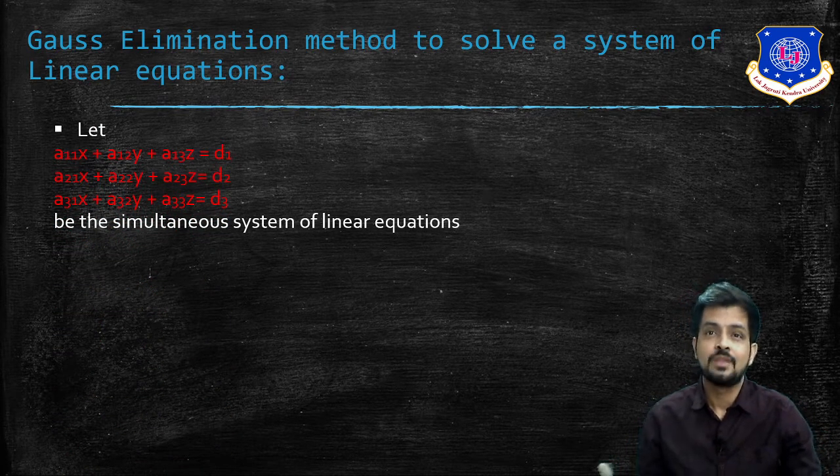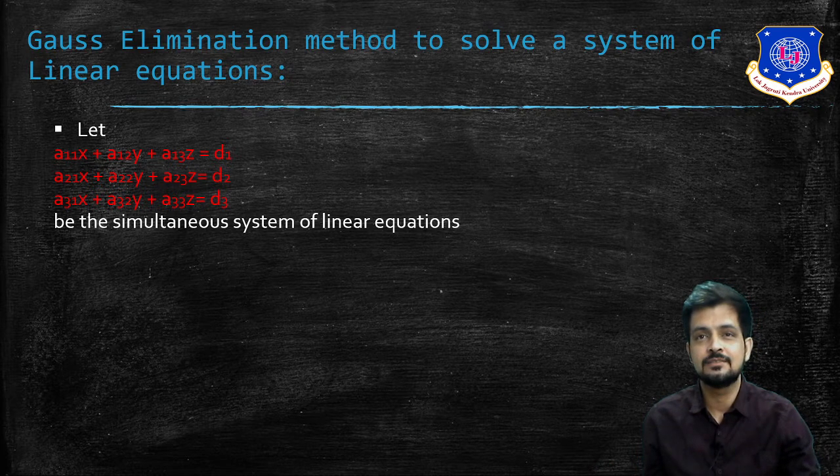A system of linear equations is given. Here we are considering a system of linear equations consisting of three variables: x, y and z. The equations are: a11x plus a12y plus a13z is equal to d1, this is equation number 1.